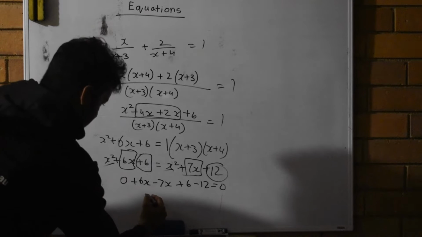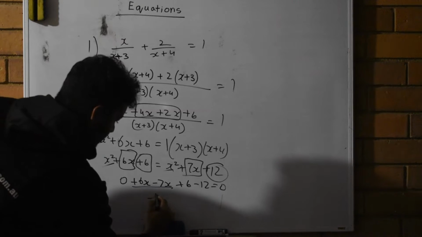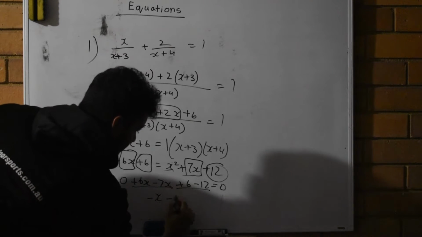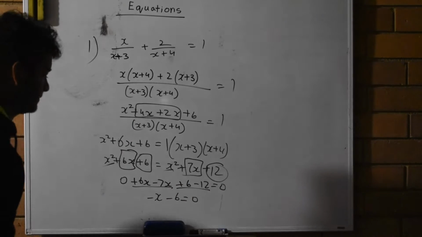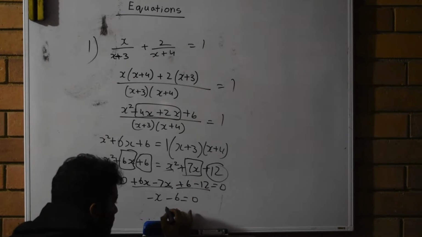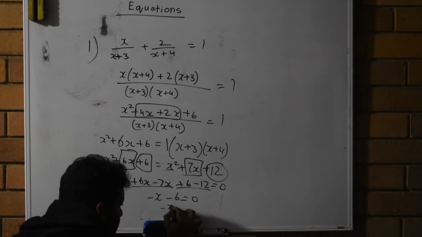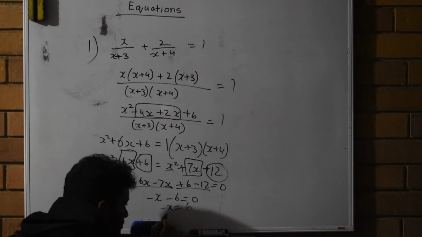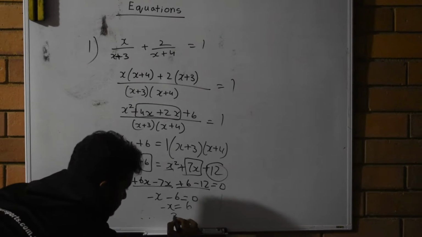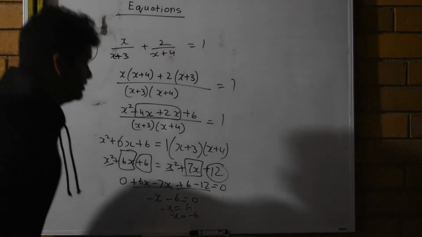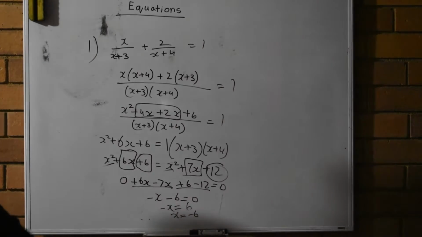So that gives negative x, and negative 6, gives me 0. So x will give me negative 6. So that's the answer, and that's it.